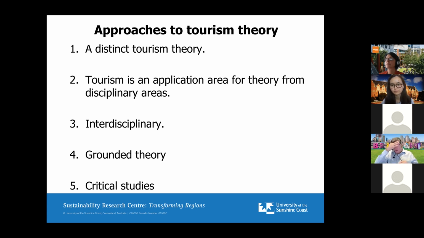I was speaking to Professor McKercher about this the other day, and he said, no, tourism doesn't have any theory. But many people try to create concepts which are specific to tourism. We'll talk about that in a minute. A second approach is that tourism is an application area for theory from other disciplines. That's what I believe.